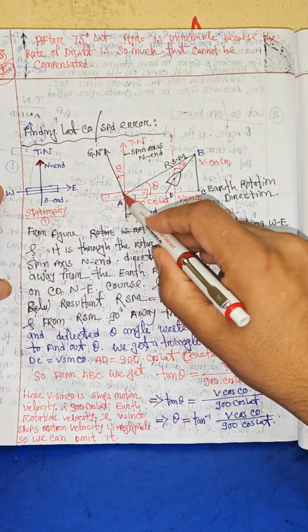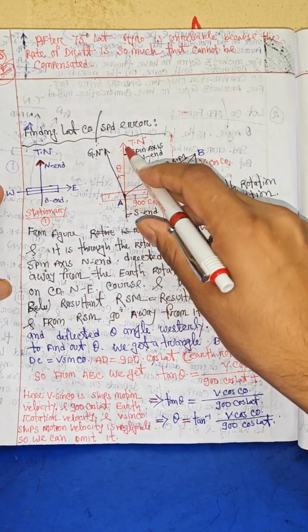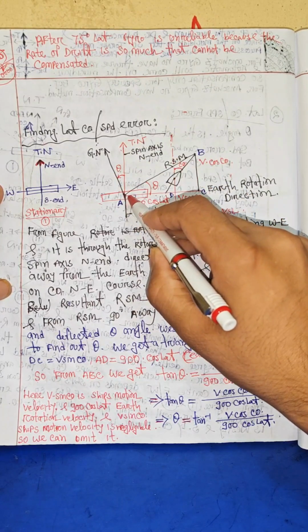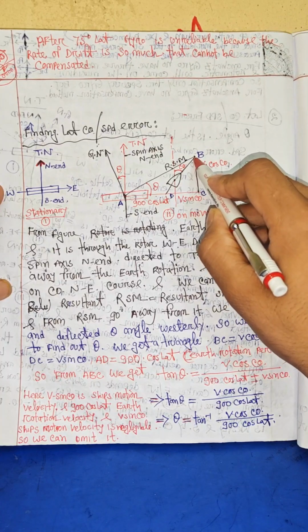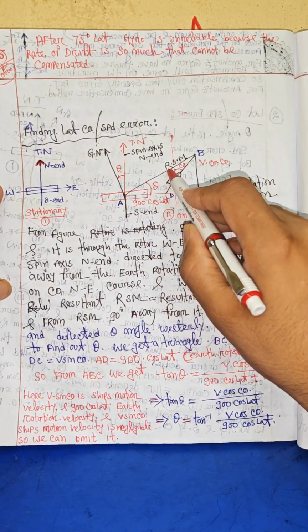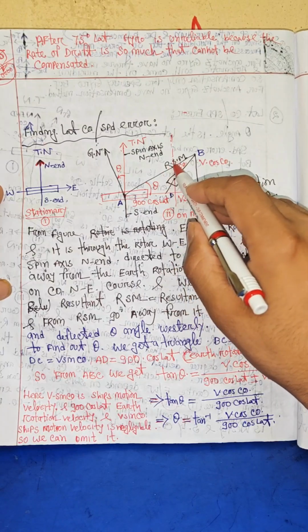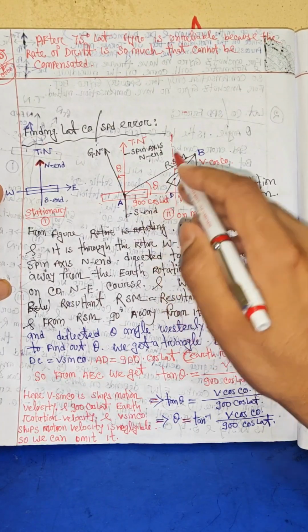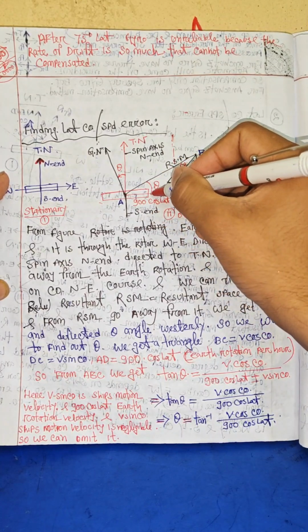From the center, from here, you can draw a line up to the speed vector. So here you can get the RSM, the resultant space motion. And remember this, when you get the RSM you get this angle.